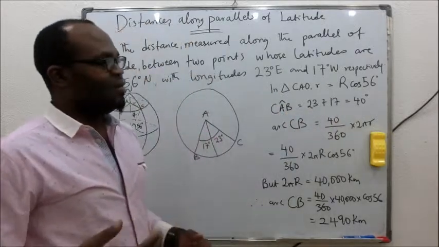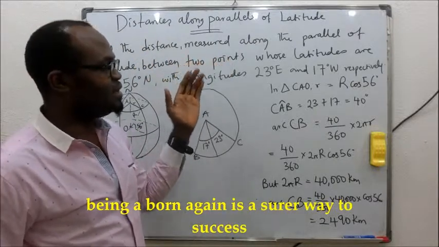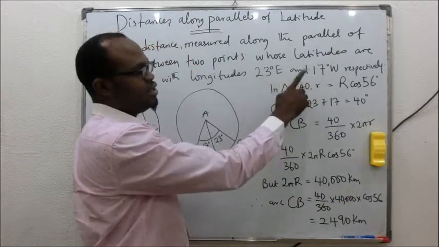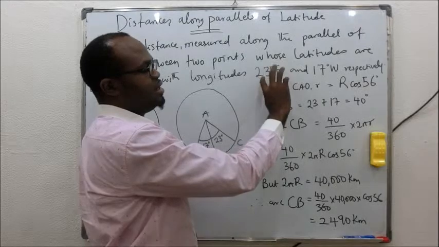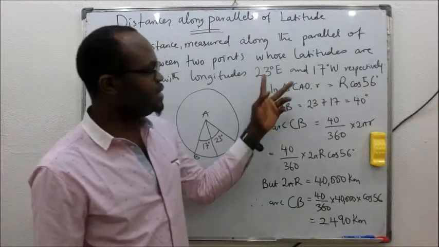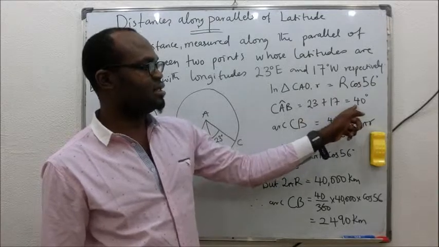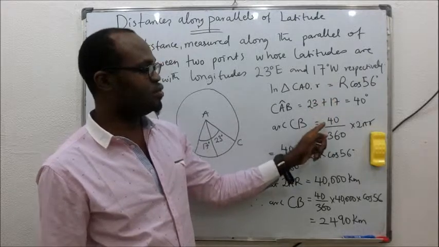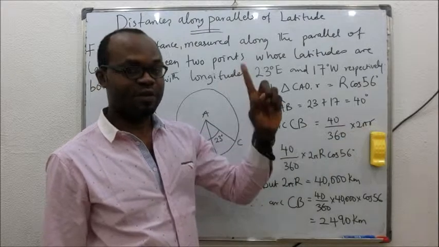When we are calculating along great circles, that is along the equator and the meridians, once you get the difference in the angles, whether you are doing addition for the ones that have different directions, or subtraction for the ones that have the same direction, just do the angle all over 360 times 2 pi r for great circles.